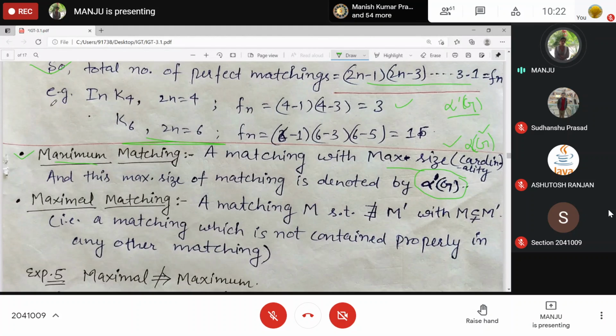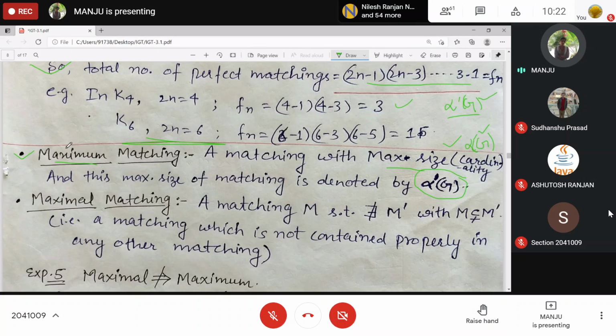So the maximum independent set we found in chapter 1. Maximum cardinality for vertices is denoted by alpha G, and maximum cardinality for edges is denoted by alpha dash G. Clear?